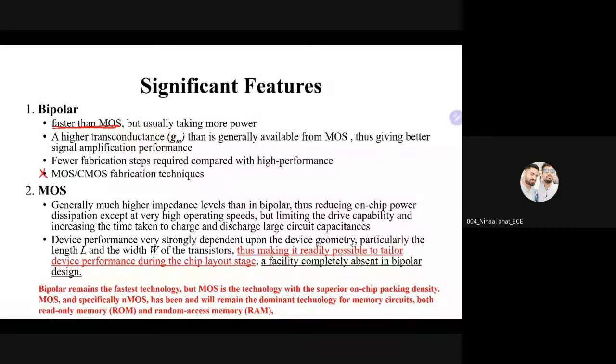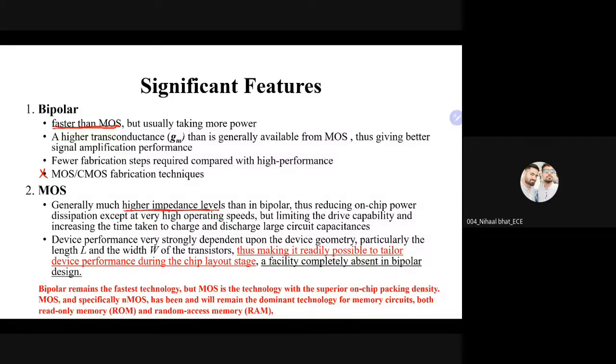So what is the upper hand in them? What are the advantages in them? They generally have higher input impedance levels. And you know that in amplifiers, it is a preferable parameter to have high input impedance. I have already explained in the class why.